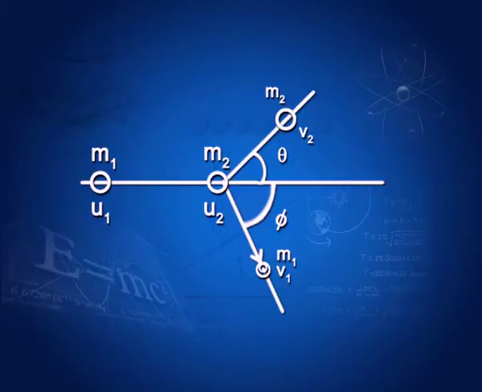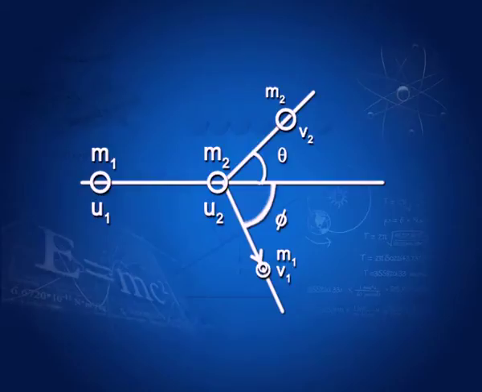Say one goes like this and the other, let us take a different angle, goes in this direction. This is the track of m2, it moves with the speed of v2 making an angle of theta, and this is the track of m1 moving with the speed of v1 making an angle phi.